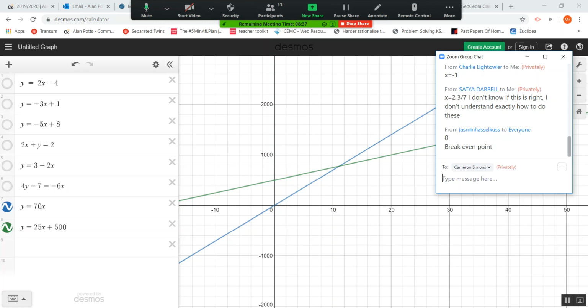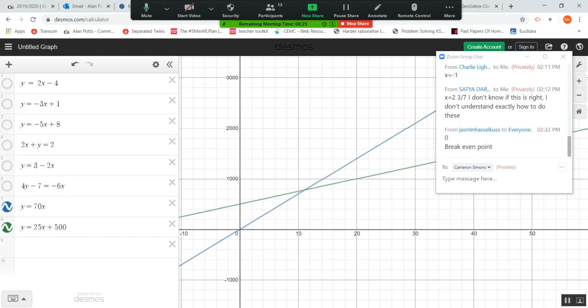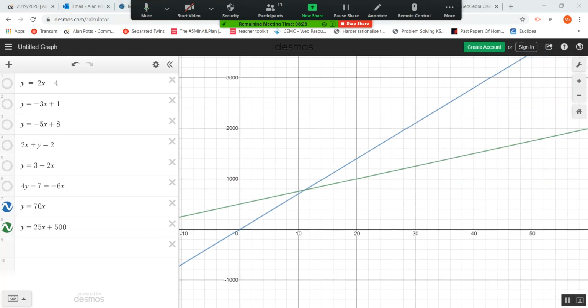But we had a fixed cost here of 500. So at the beginning, I'm 500 in debt, but my debt goes up slowly, but my income goes up quicker. So there is a point at which they cross, and that's called my break-even point. And at that point, I can start making money.